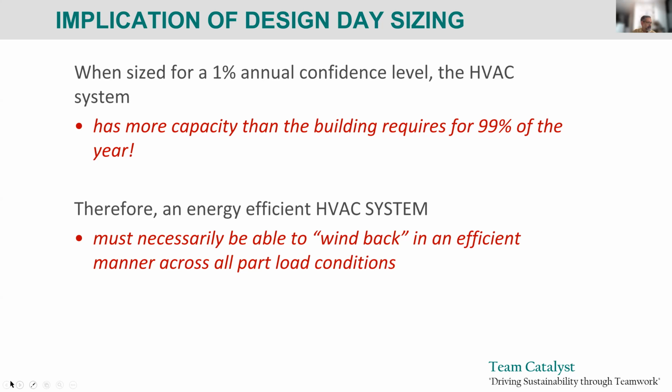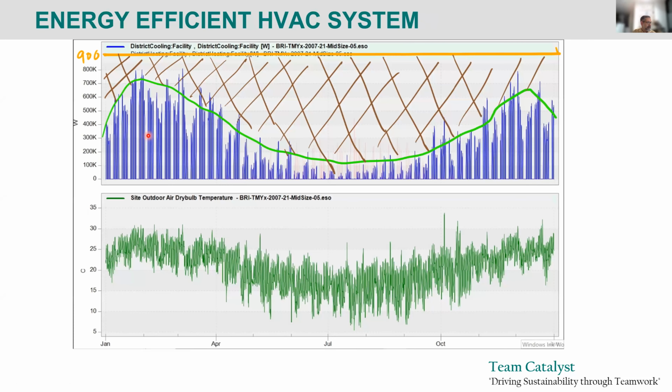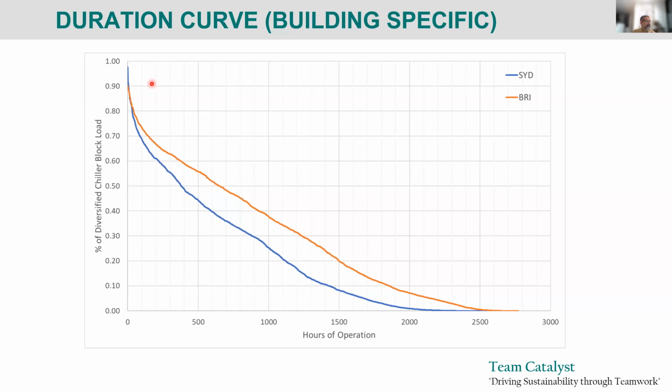So if I took these blue predictions and I put them into a duration curve, ranking them from highest to the lowest, and if you look at this blue line, this is for Sydney, not for Wollongong. It tells me of my installed capacity, how much do I need for how long?